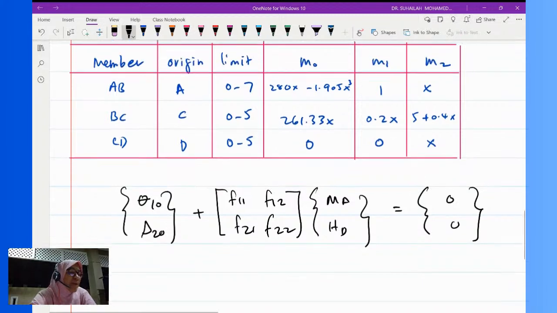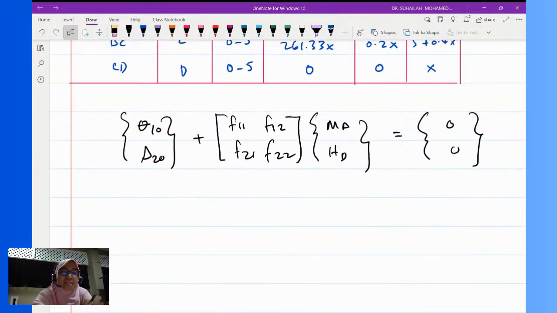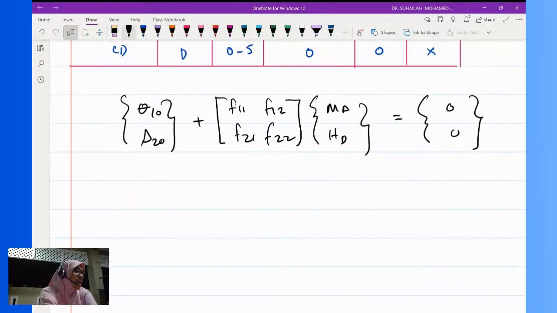Why do we have the moment equation? Because we want to calculate displacement, and displacement comes from integration of the moment equation. So there are six displacements: two in the primary frame, two in redundant one, two in redundant two. Okay, so now we want to calculate theta 1 naught.